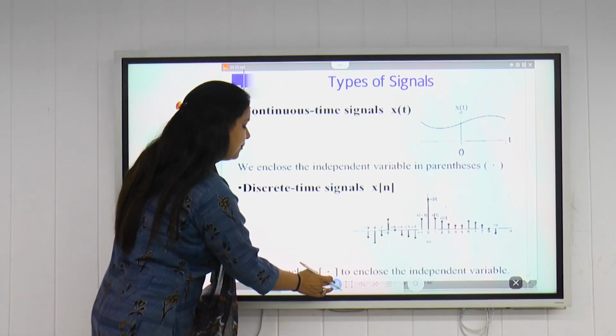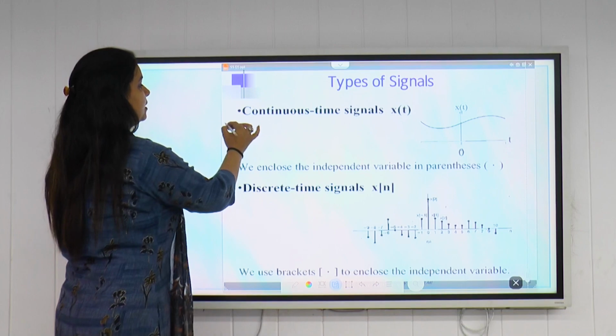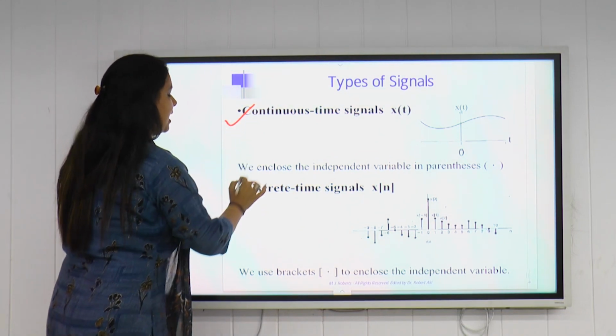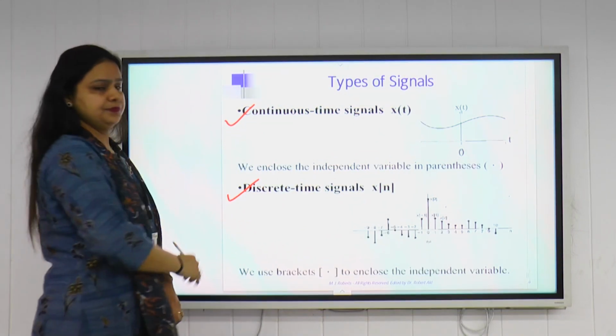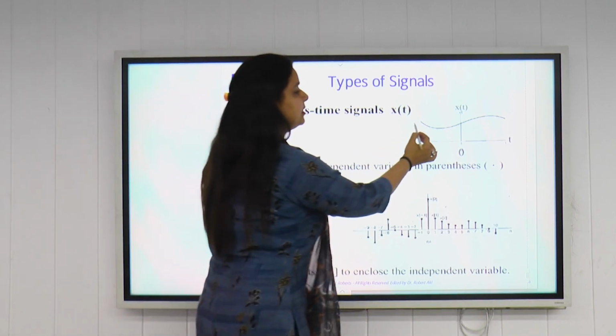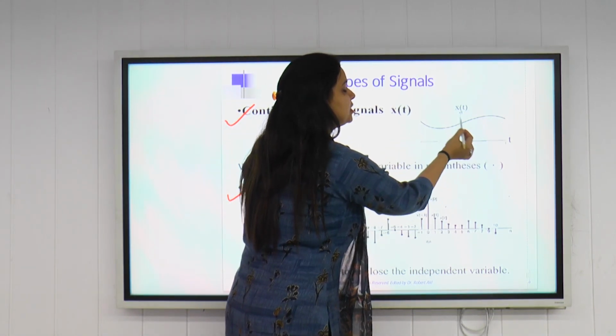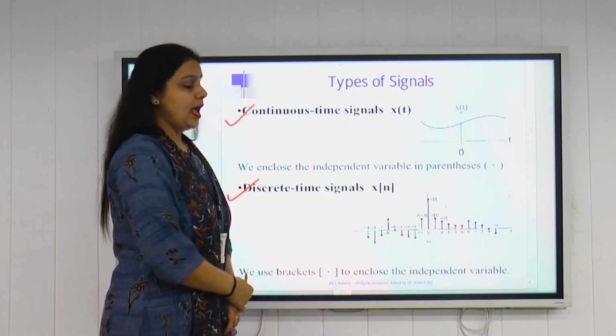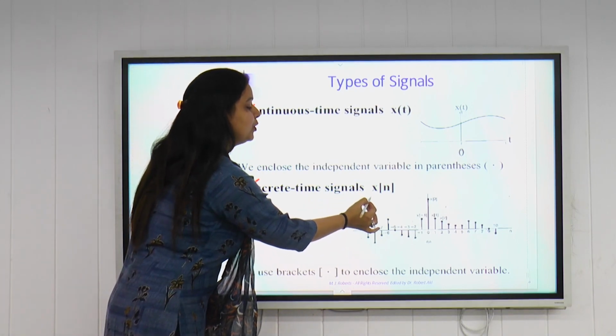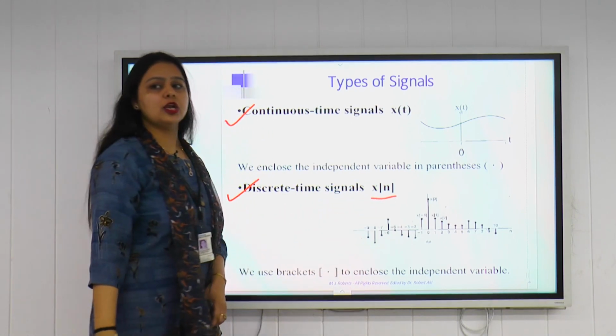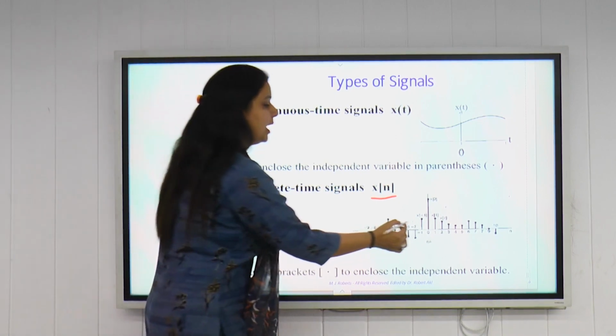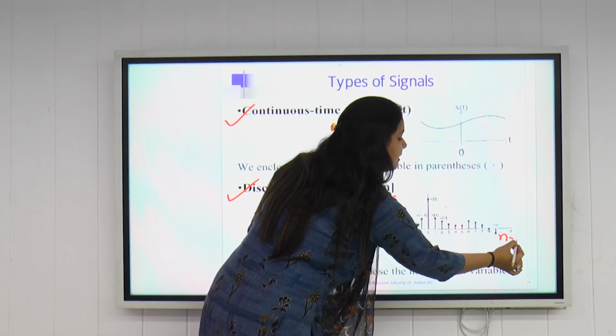The basic types of signals are continuous time signals and discrete time signals. A continuous time signal can be any signal which is a function of time, and a discrete time signal, denoted by x[n], is any signal which is a function of n, where n is an integer.